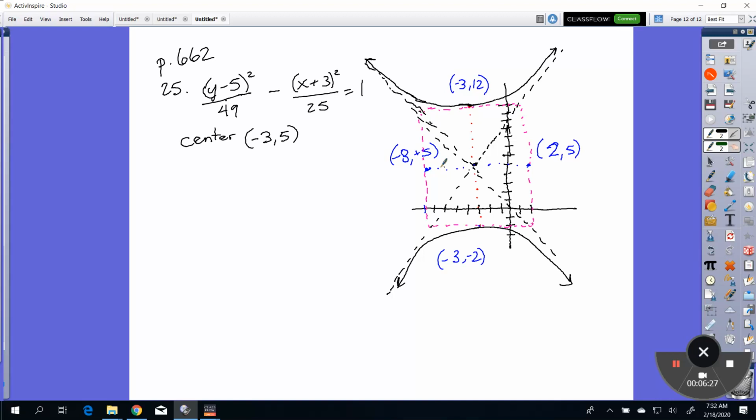For the C squared, where's the A squared? So A squared plus B squared equals C squared. So 49 plus 25 is 74.